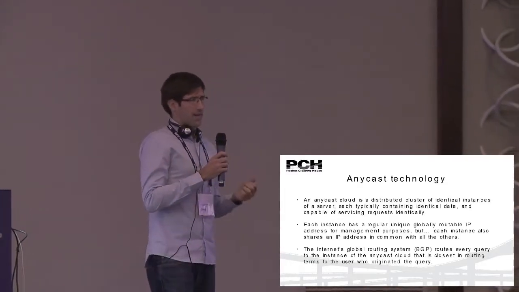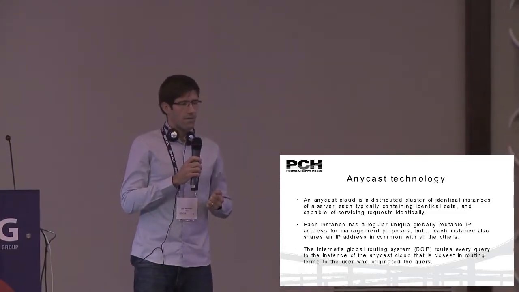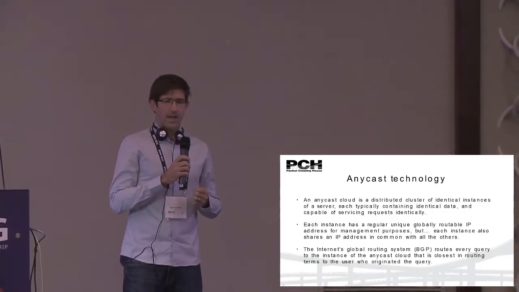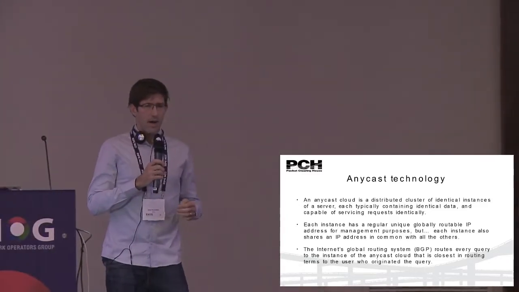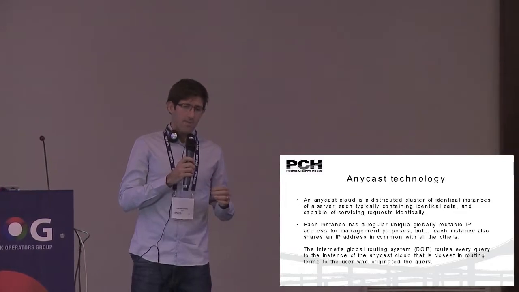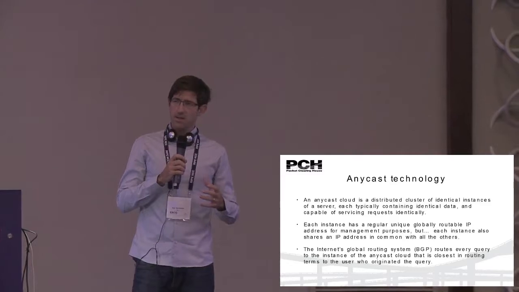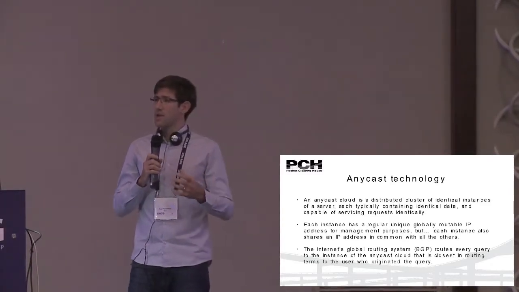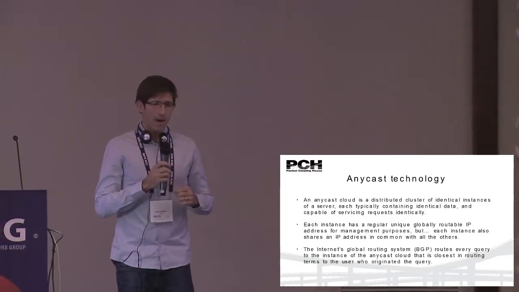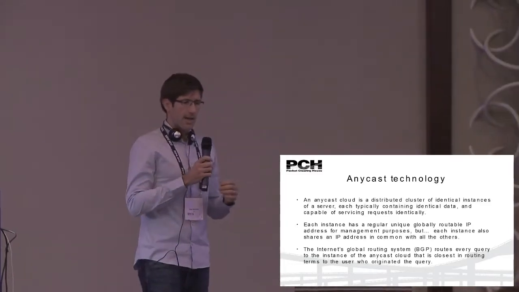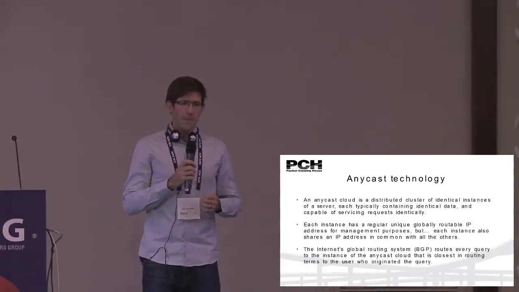An Anycast cloud, and that's what we've built, and we're not the only ones who've built Anycast clouds, or used clouds to deliver and distribute content. But what we do is you have a distributed cluster of instances of a server, and they're generally the same type of server with the same data and capable of servicing requests in a similar way.